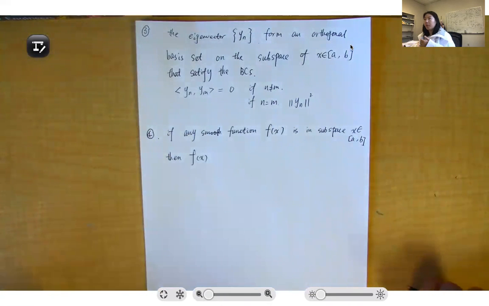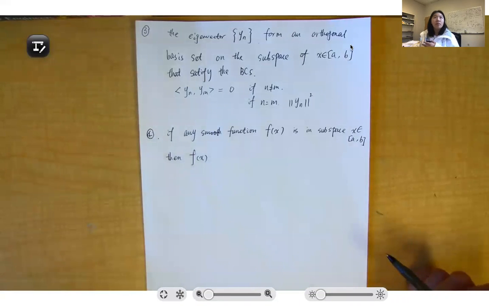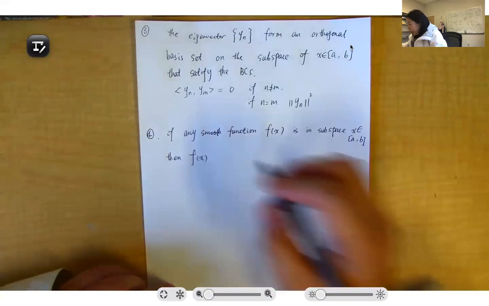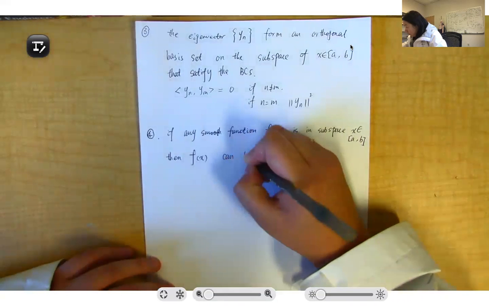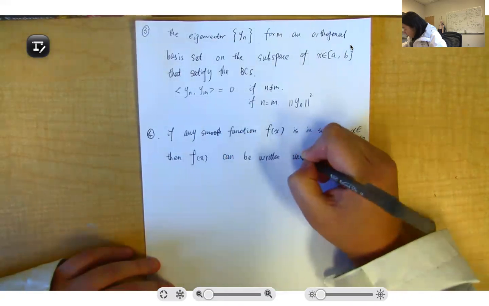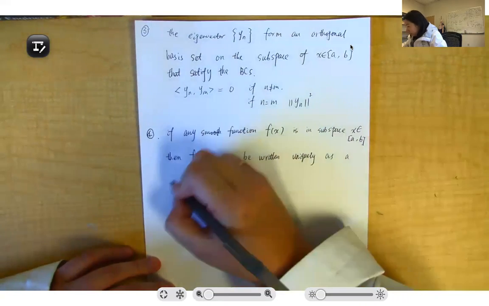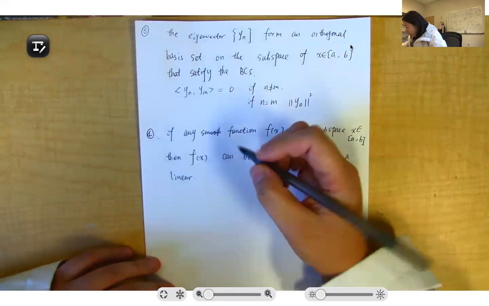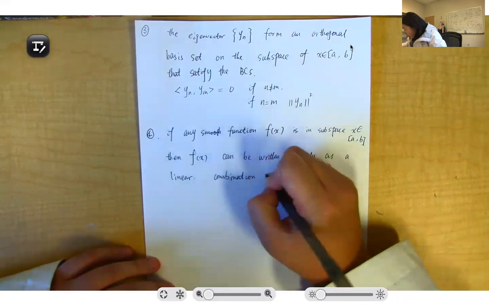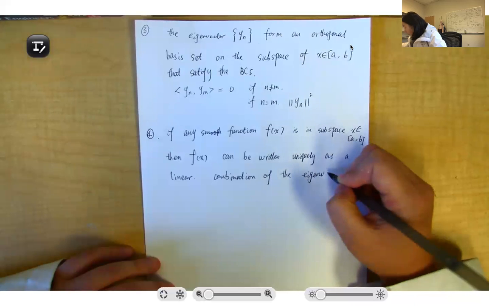It can be 1, it can be 2, this kind of constant, or it can be some polynomials, or any functions in between this A to B. And this can be written uniquely as a linear combination of the eigenvectors or eigenfunctions.